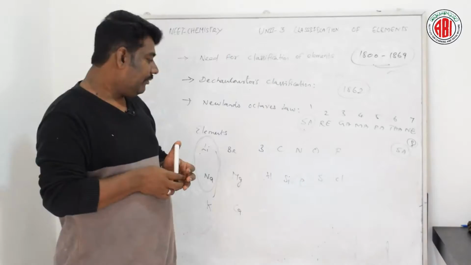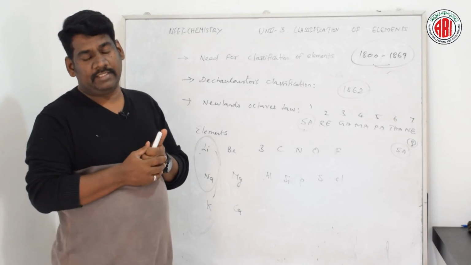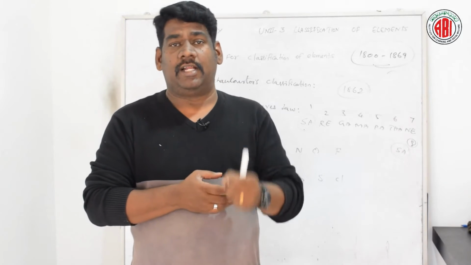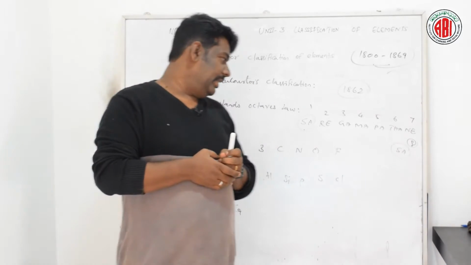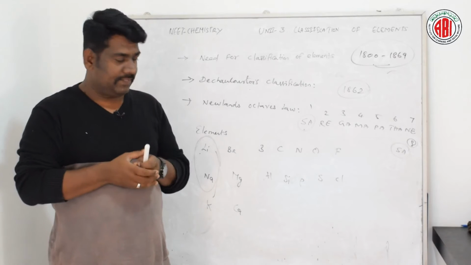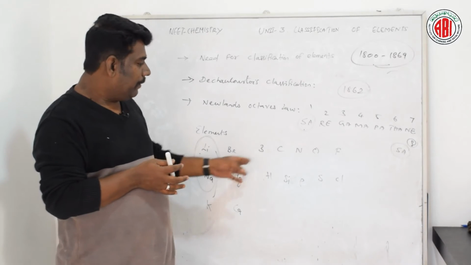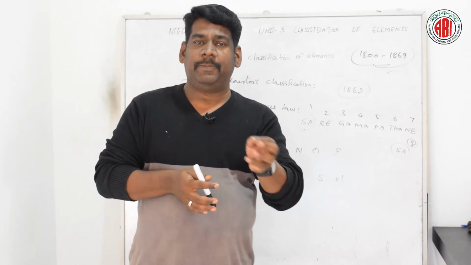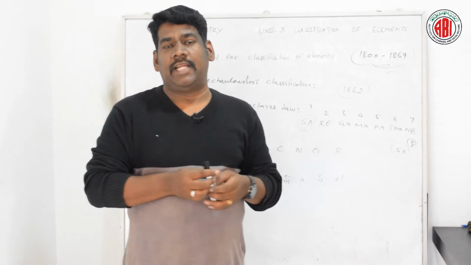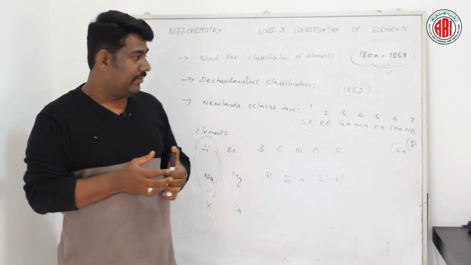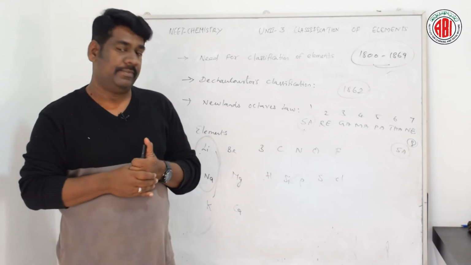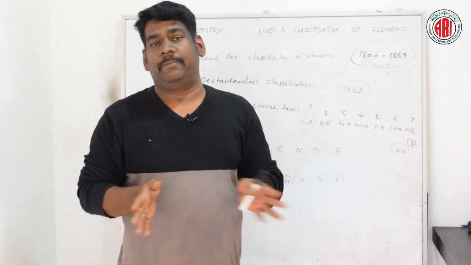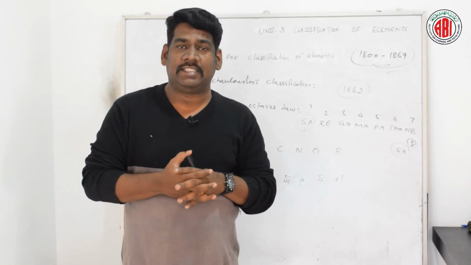The rest of the elements show variation in atomic weight, atomic number, and their properties as well. That is why this is possible only for the first few elements, which obey Newland's octaves law. That is the reason this law is not considered.